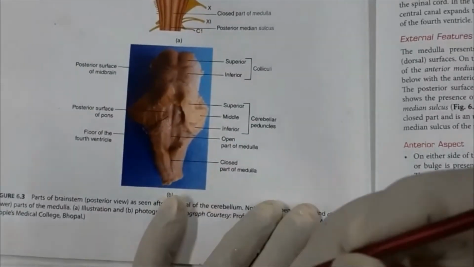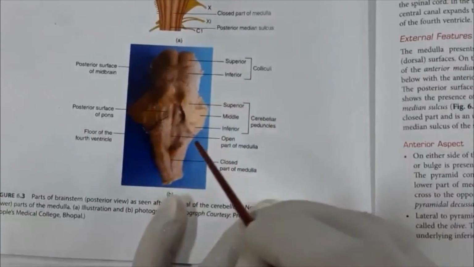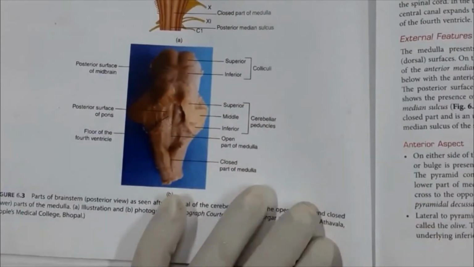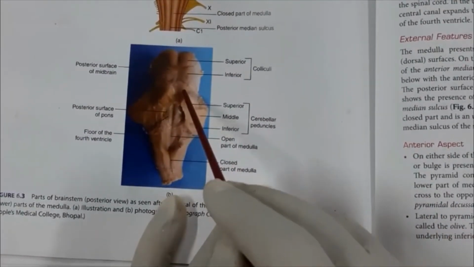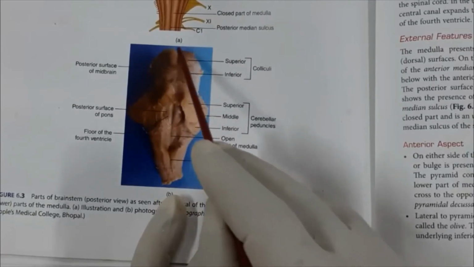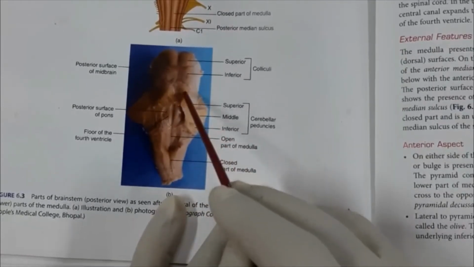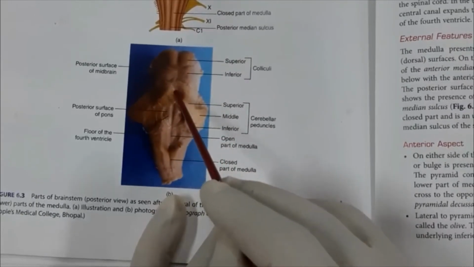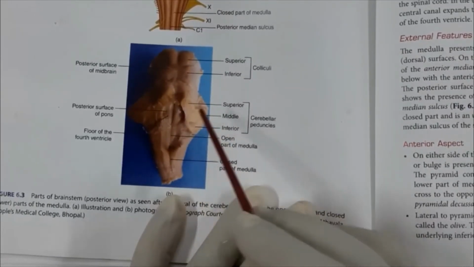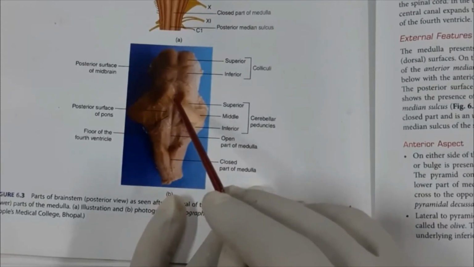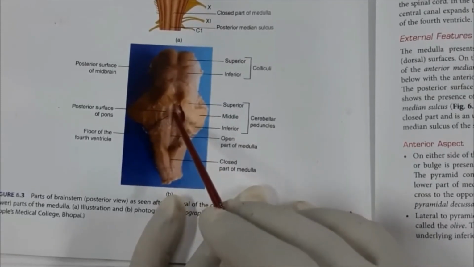See here, all those cerebellar peduncles on the right and left side were detached and the cerebellum was cut and detached. Here you see this is the superior medullary velum, this is the midbrain, superior and inferior colliculi are there, and this is that lamina of white matter called the superior medullary velum, which I said forms the posterior wall of the 4th ventricle.